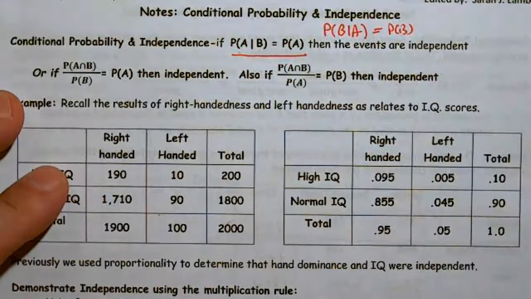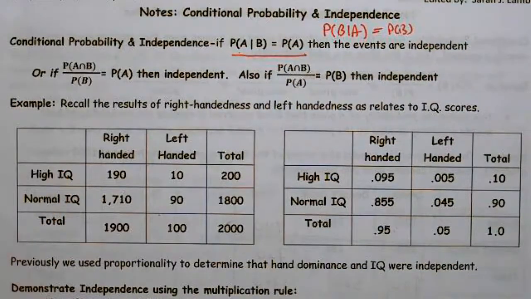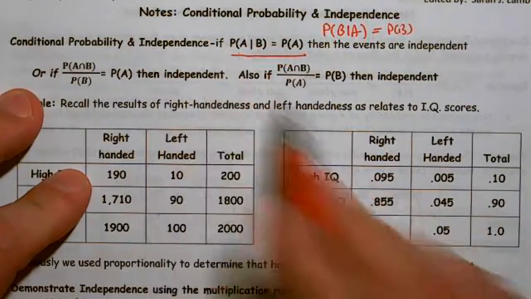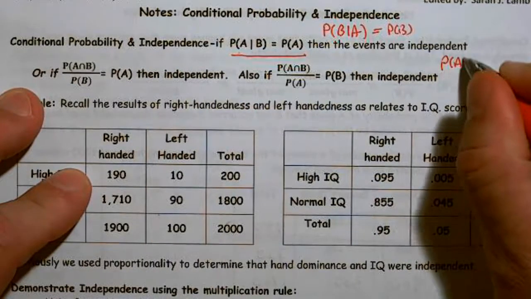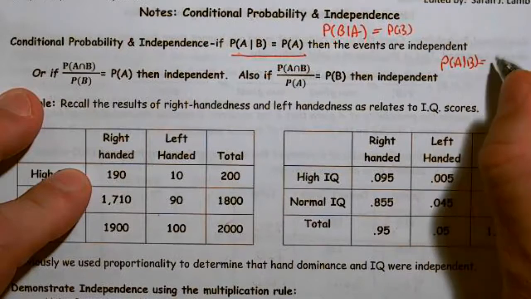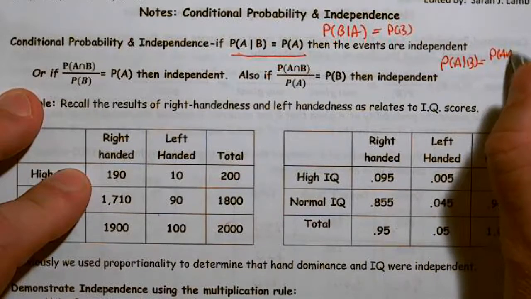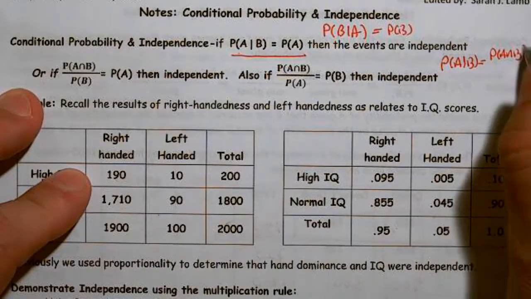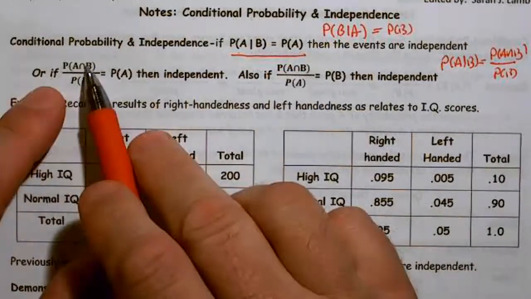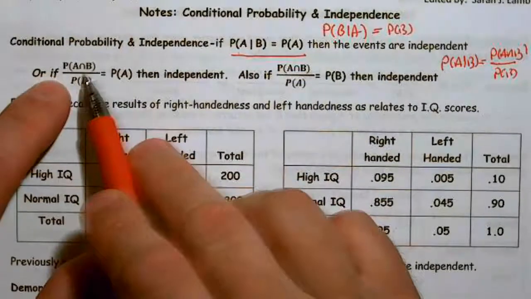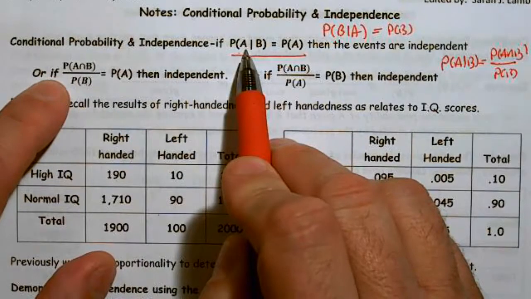If that is true, it's not guaranteed to be true, but if that were true, then the events are independent. Now remember, what we have already previously said is the probability of A given B equals the probability of A and B over the probability of B. That's just a property.